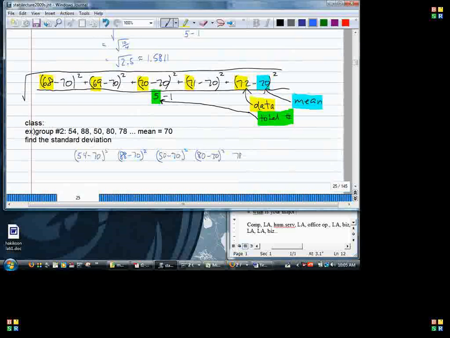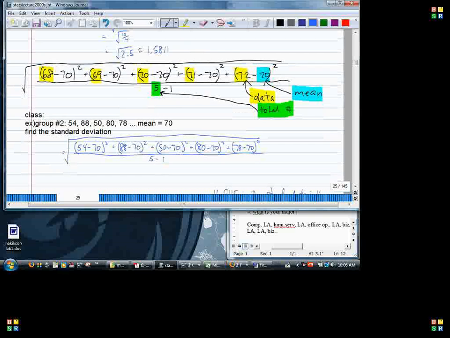80 minus 70. Okay. And what's missing? Square root. Okay. Next.